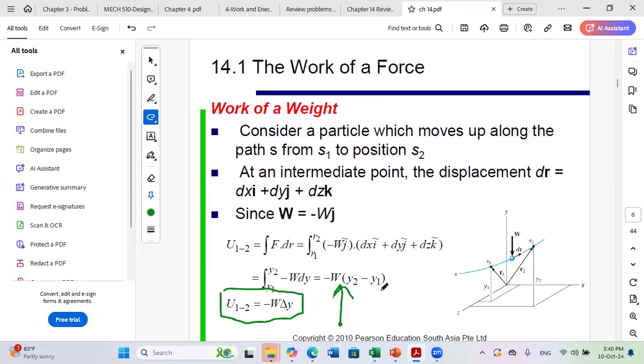While if you take the y-axis to be vertical positive downward, then the work of the weight will be equal to plus W delta Y. So whenever you have the weight, you can directly apply this formula. The work of the weight is independent of the horizontal motion. It just depends on the change in elevation.